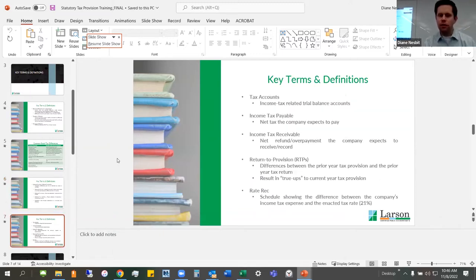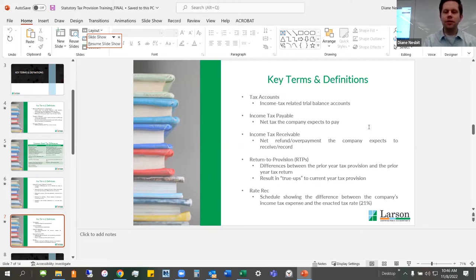So a few other terms we'll talk about are when we talk about our tax accounts. That means any of your income tax related trial balance accounts, which are important to look at all of them and how they are affected.